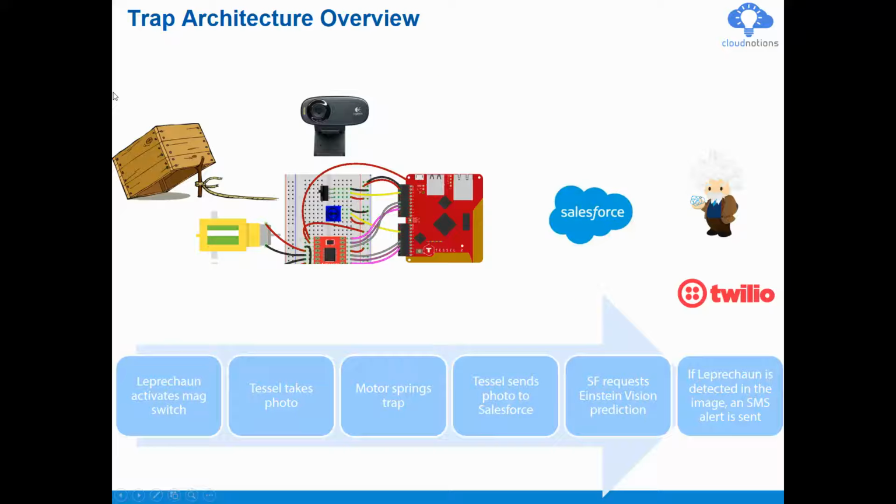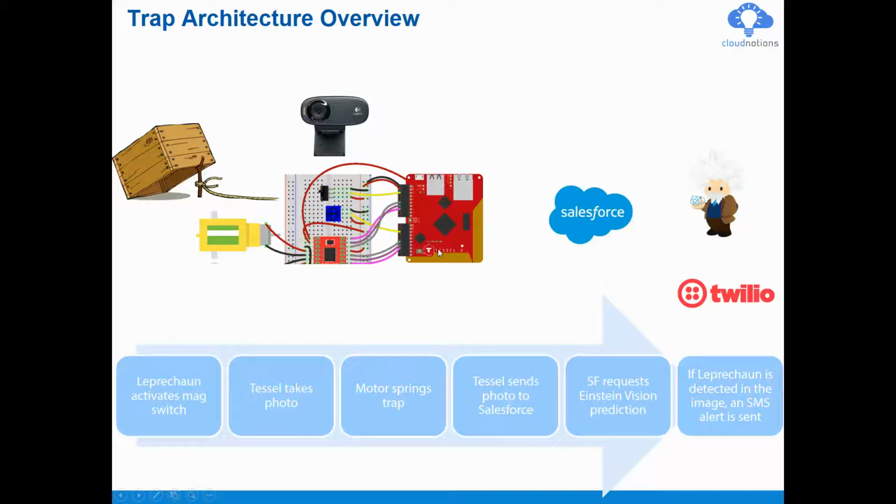So here is an architecture diagram for our trap. As you can see, this is the classic box and string trap. There's a magnetic switch at the base, and the leprechaun is going to activate that magnetic switch. At that time, the Tessel is going to use a webcam to take a photo. Then simultaneously we're going to trigger the trap and pull the string with our motor.